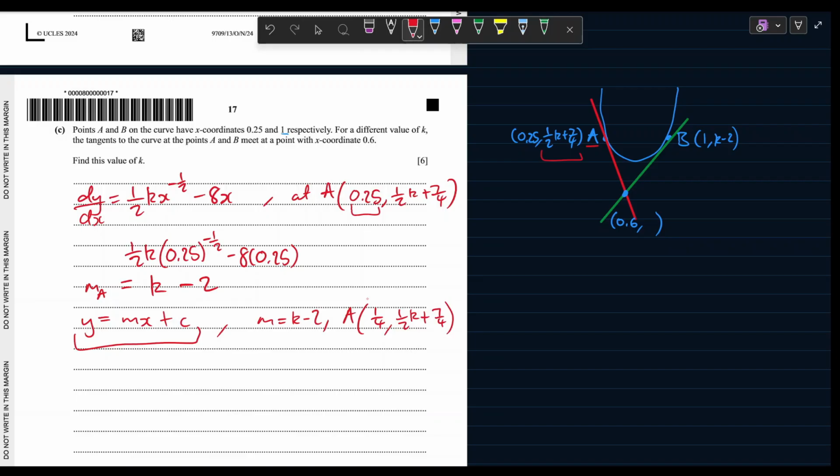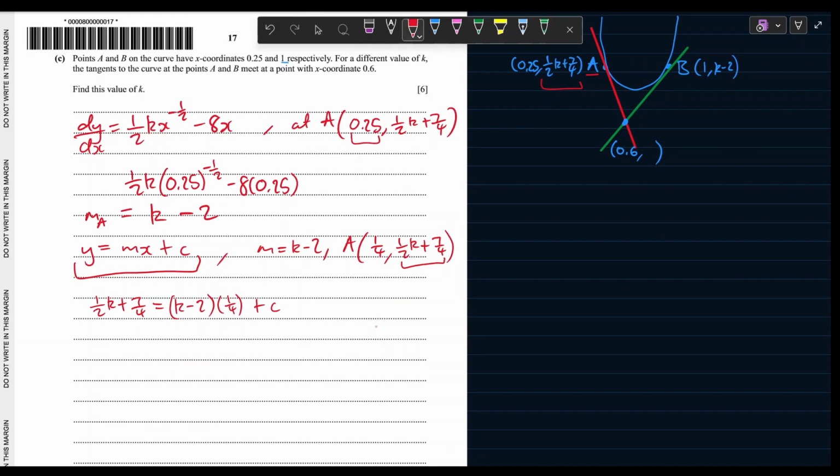So half k plus 7/4 is equal to m, which is k minus 2, multiplied by x. X is a quarter. And this is plus c.